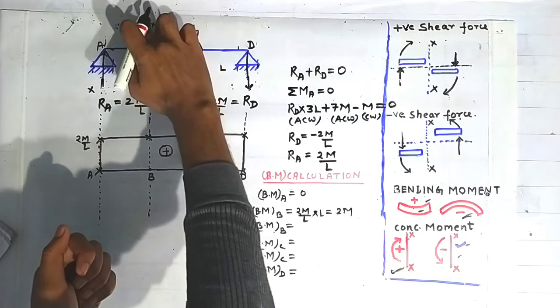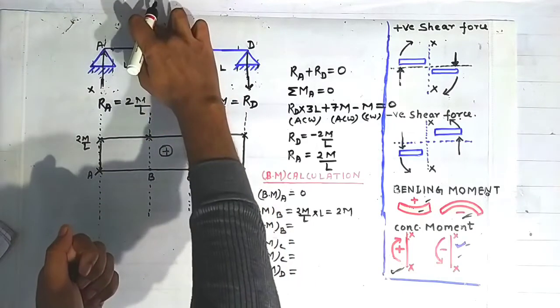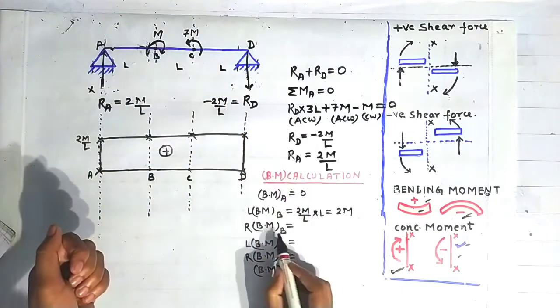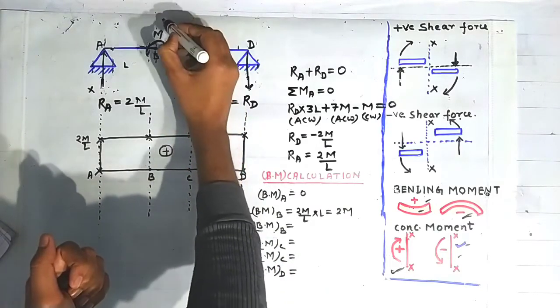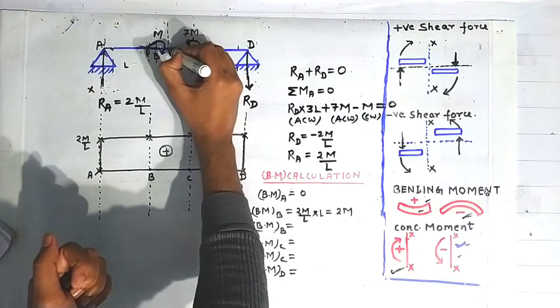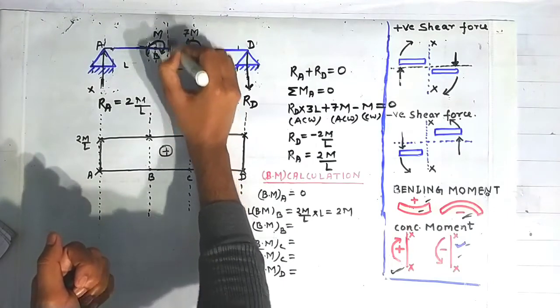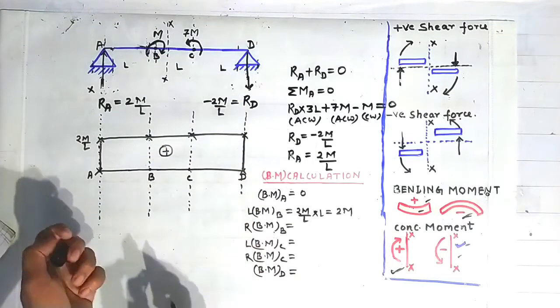We will find out the bending moment on the right side of the point B, denoted by this term. So for that we have to again follow the same procedure. We have to draw a section on the right side of the point B. So this section XX is drawn here.